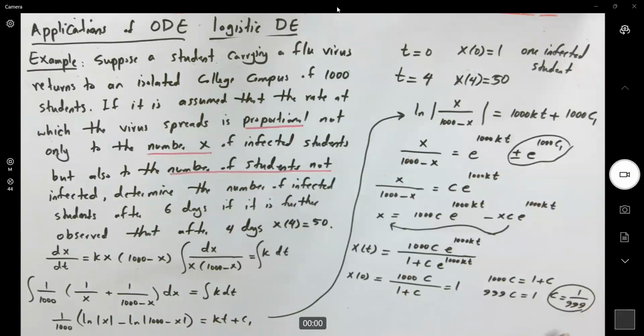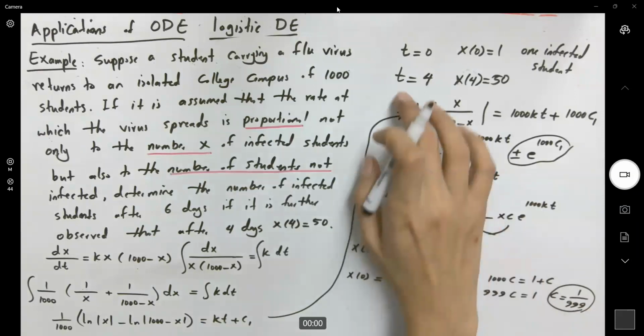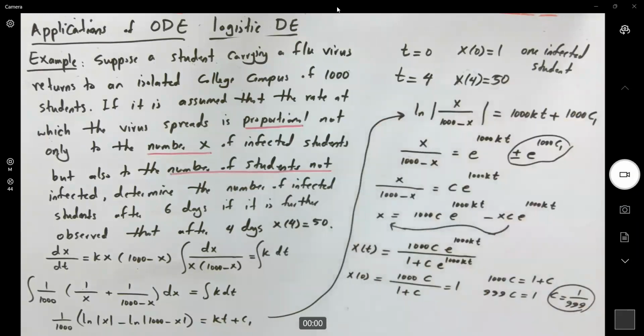Well, if you plug this back here, you have your C. At t equal to 4, x of 4 is 50. So x of 4 is 1,000 times 1 over 999 e to the 4,000k divided by 1 plus 1 over 999 e to the 4,000k. By using our calculator, we can calculate k.